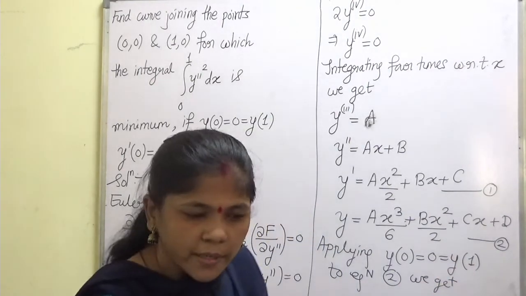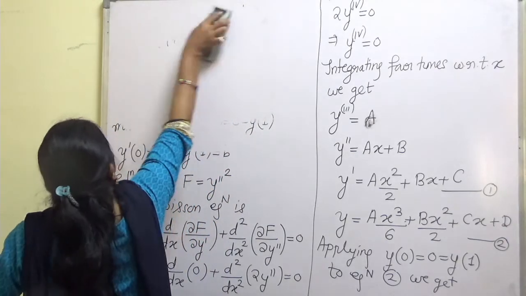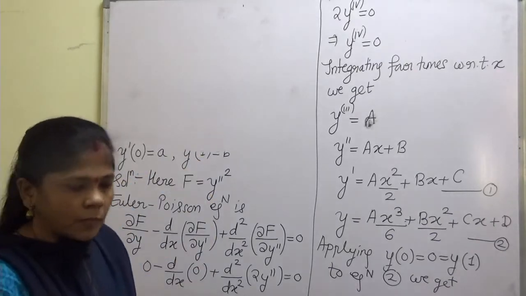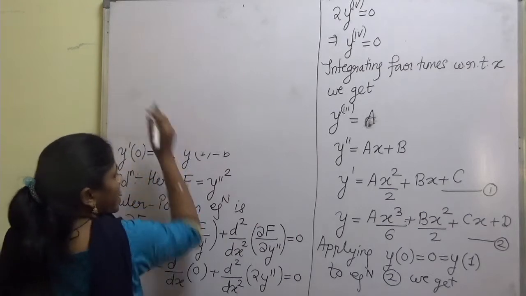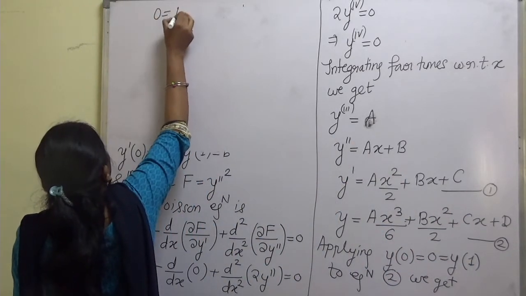So let us use this. With y 0 and x 0, these terms vanish, so we get directly d equal to 0.